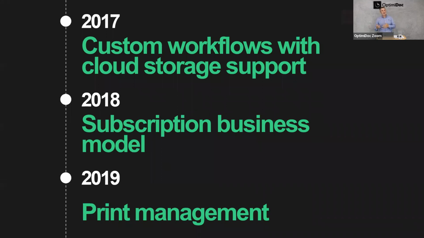The user wasn't limited to email, but could deliver documents to OneDrive, SharePoint, Google Drive, Dropbox, and so on. That was a huge change, because from 2017, OptimiCapture, at that time OptimiDoc Cloud, provided the flexibility to create custom workflows as the partner or customer needs.